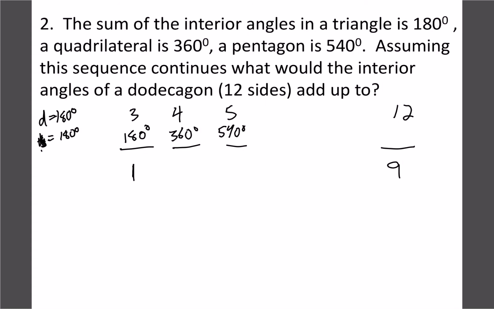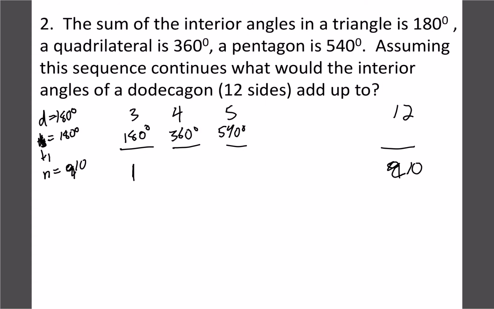Let's go back to term 1 being 180, but now let's solve it for the 9th term instead of the 12th, because we're starting at 3 to 12. So you just got to be careful, or should it be 10? Let's be careful, make sure we're clear on this. So if we go down by 2, it should be a 10th term, not the 9th term. So we should be good.